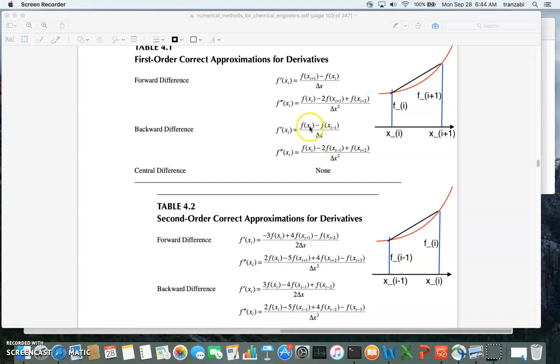So sitting at point xi and looking at i minus 1 gives you the backward difference. Compared to the forward difference, where we're sitting at point xi and we look ahead at xi plus 1. So this is called forward difference, and this is called backward difference approximation to calculate the first derivative f prime.